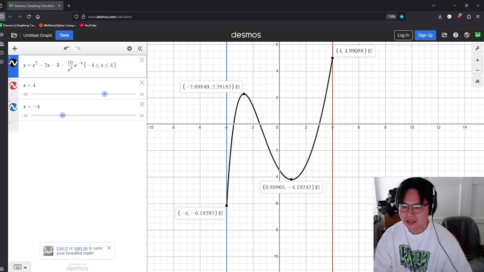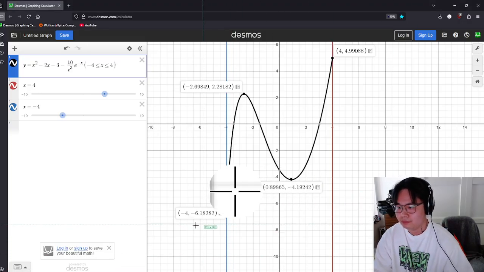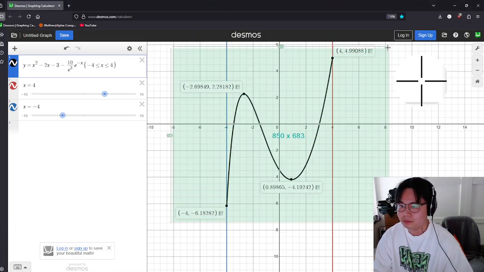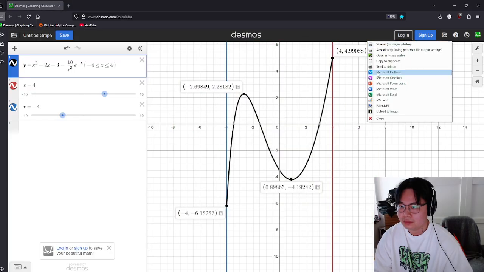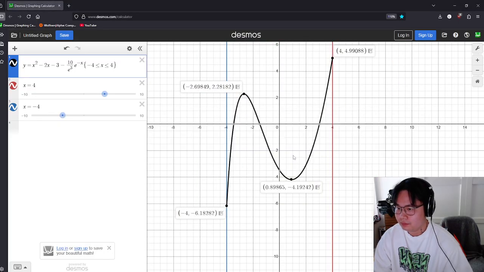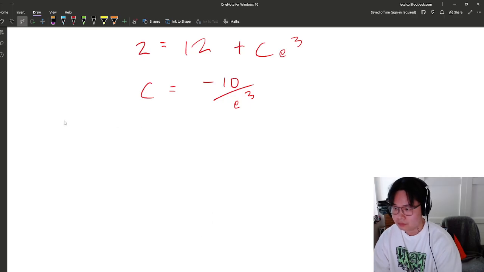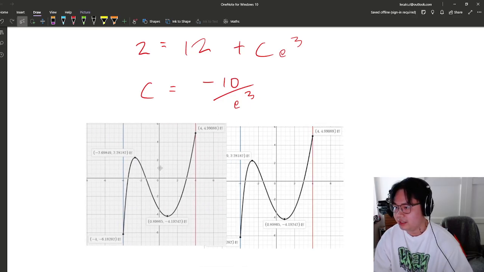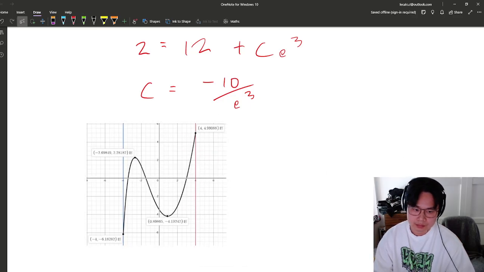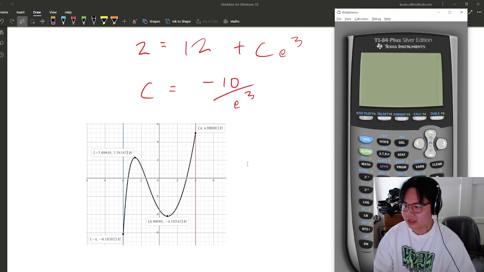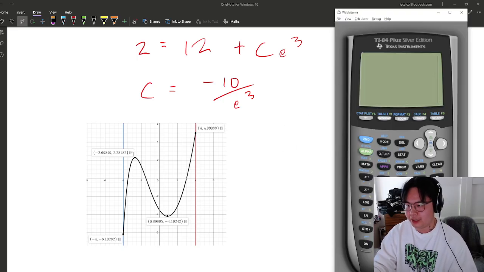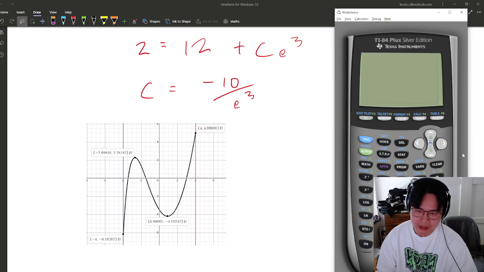Here. There you go. Again, that's just me speeding it up. You can figure out all of these values and sketch it with a GDC.